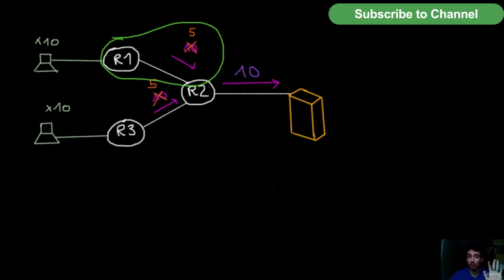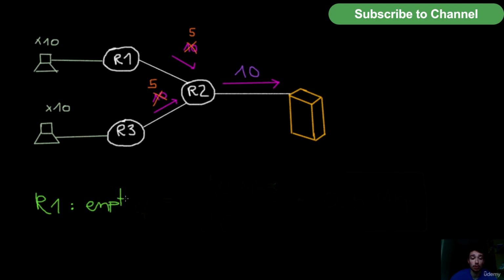Since router 1 has the capacity to send 10 megabits per second but we are sending only 5, which is half of what we can send, the buffer of router 1 is going to be empty.